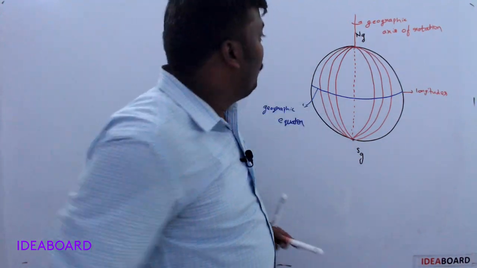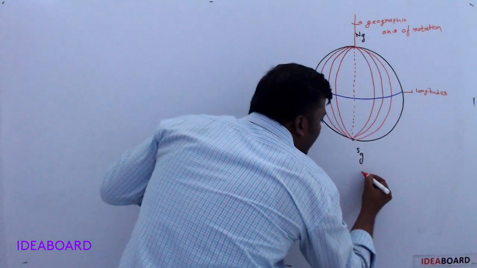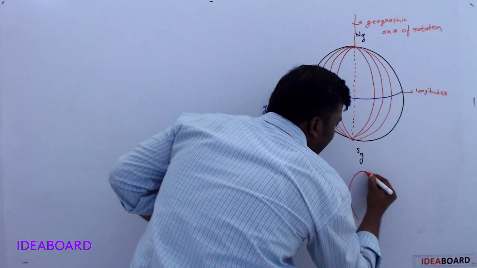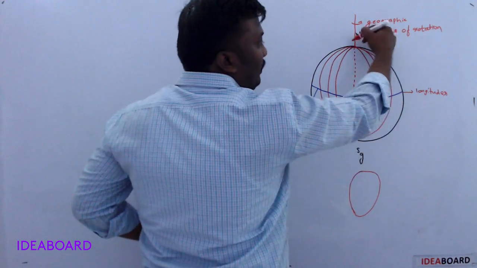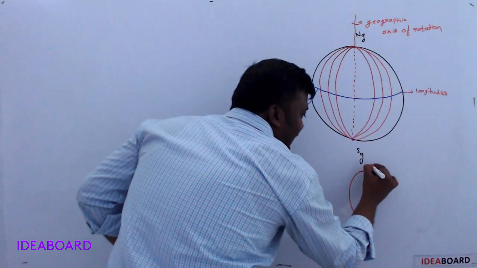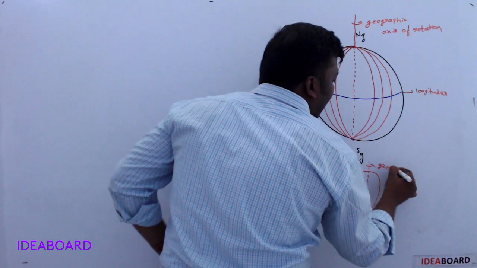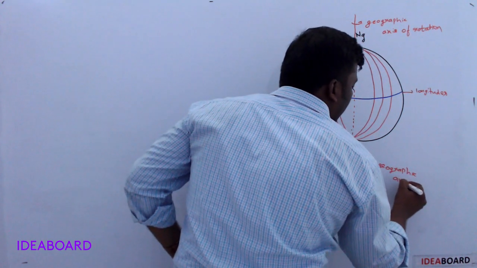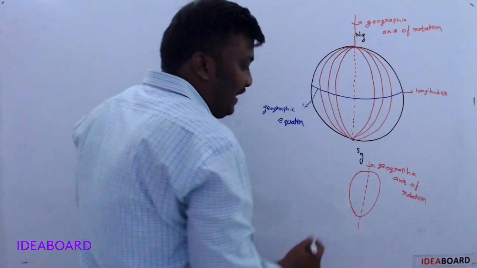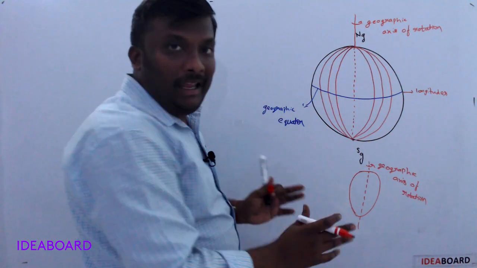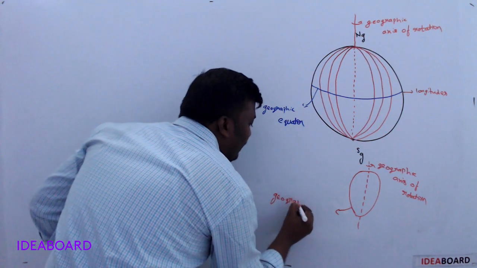Now, if you cut any circle, for suppose it is one of these circles, this circle contains the geographic axis of rotation, and which can be taken as a plane, then this plane is named the geographic meridian.